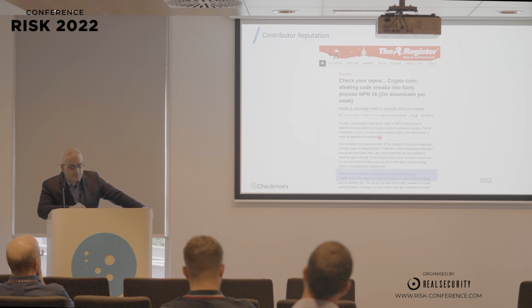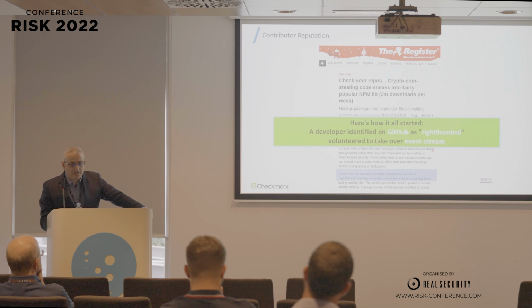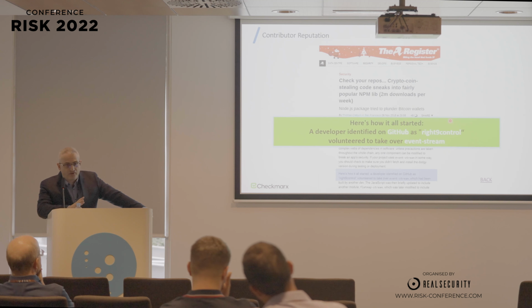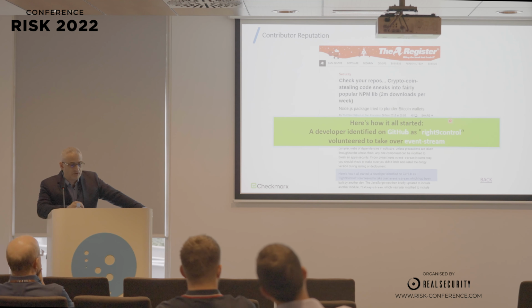a new project. Suddenly some individual appeared on GitHub with the name right-hand-control, contacted the owner and said, hey, I'm a fan, I like your library, I know the code, I can keep developing it.